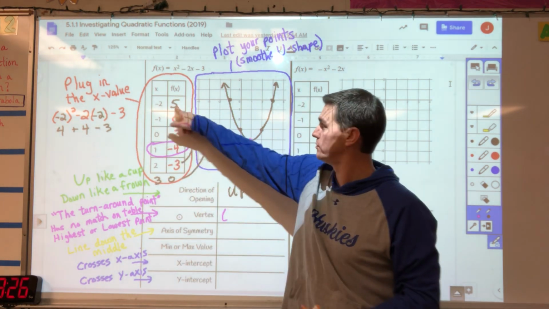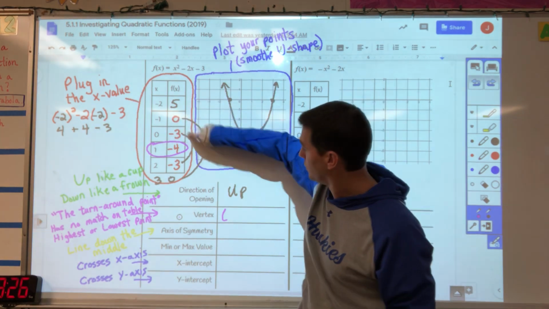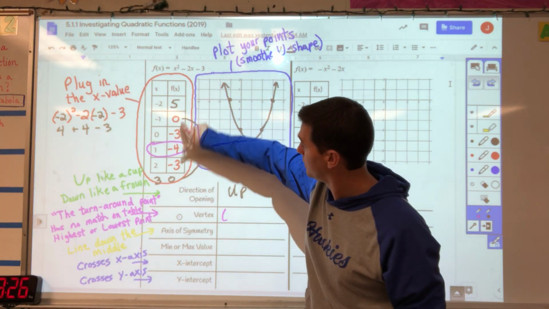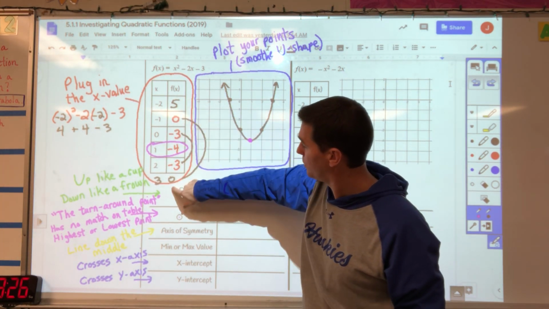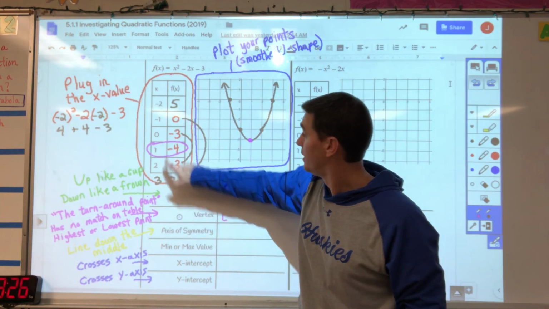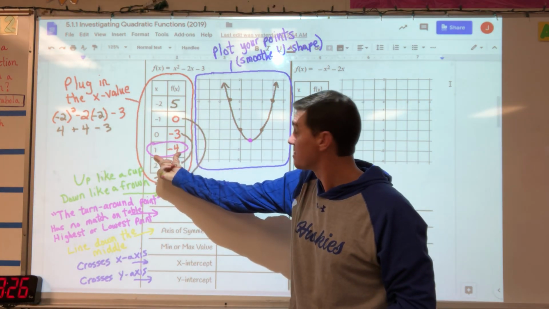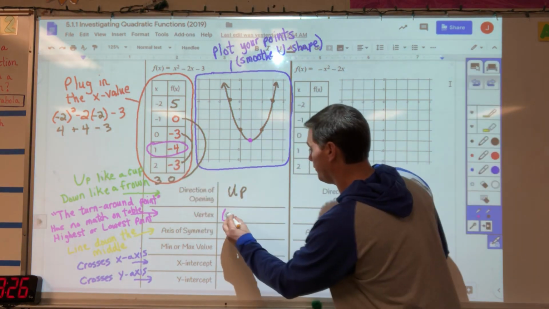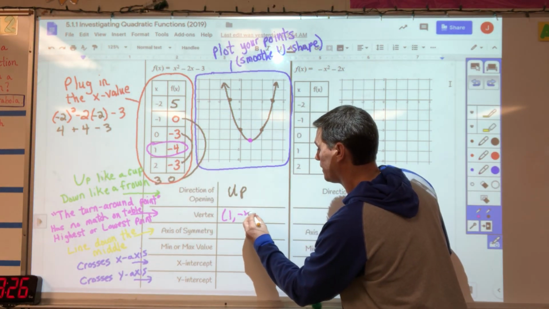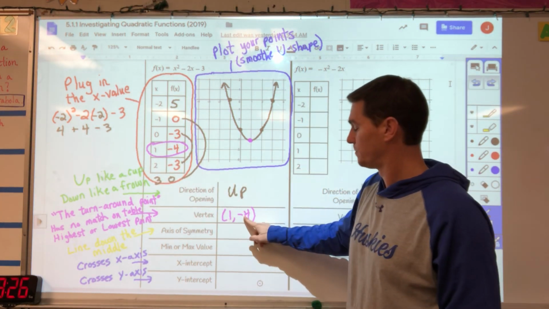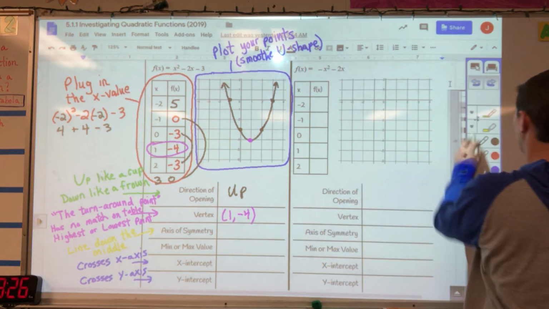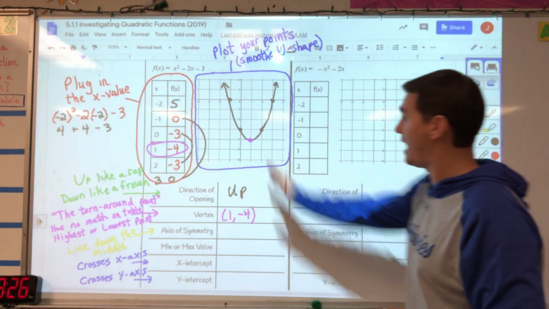Now you're saying -2, 5 doesn't have a match, but you'll notice -3 and -3 do, 0 and 0 do, so 5 would match with the point 4, 5. Hey, this one's sandwiched in the middle, so 1, -4 is our vertex.